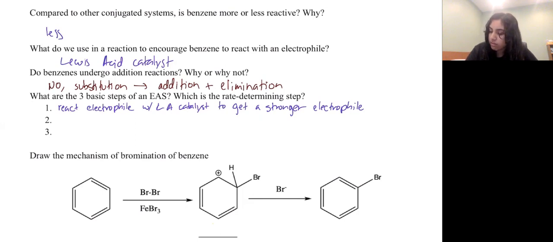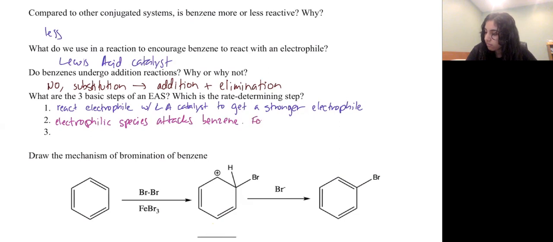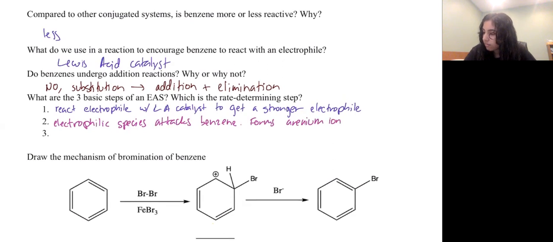In step two, the electrophilic species attacks the benzene and forms the arenium ion.